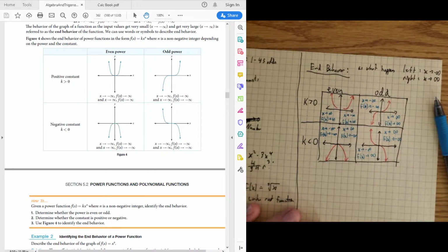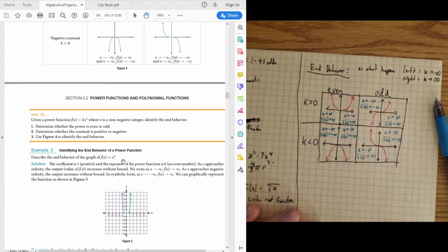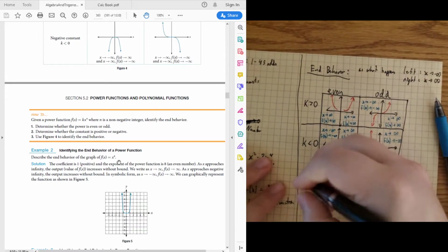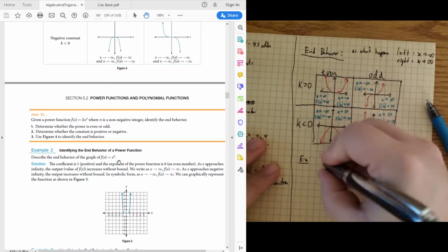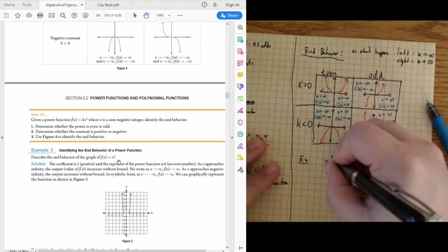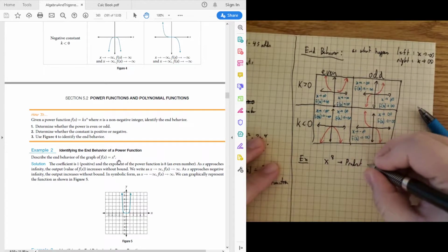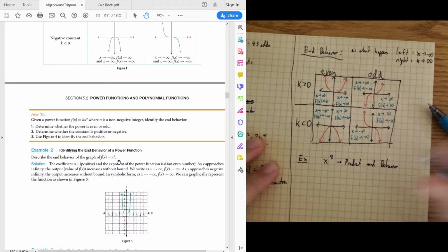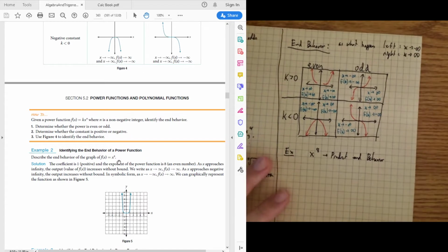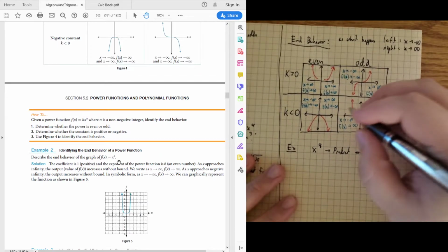So an example of this. If you look down at number one, it says, describe the behavior of x to the 8th power. To answer this question, it's a simple search and find of which of these four boxes we're talking about. And so let's answer these questions.